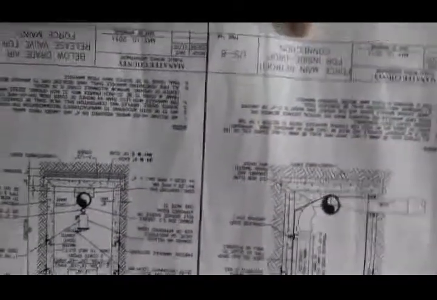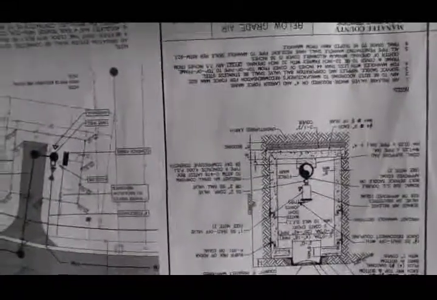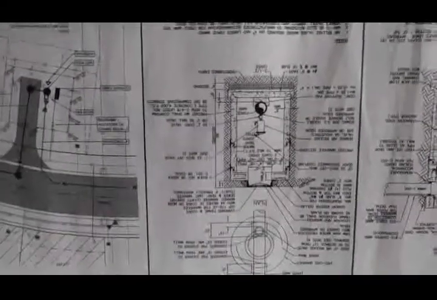Force main retrofit, inside drop. Drop connection. Below grade release valve, force mains and lift station. Site plan. And it goes over some of the elevations of the pipe.